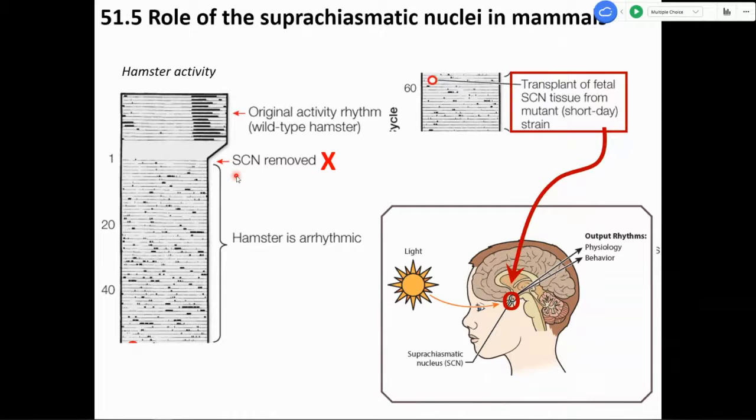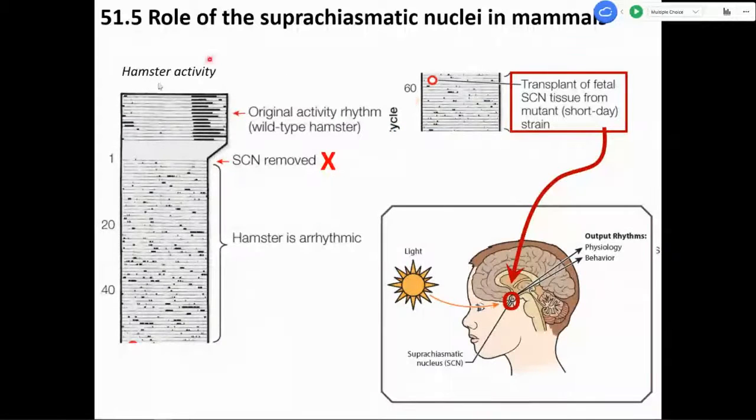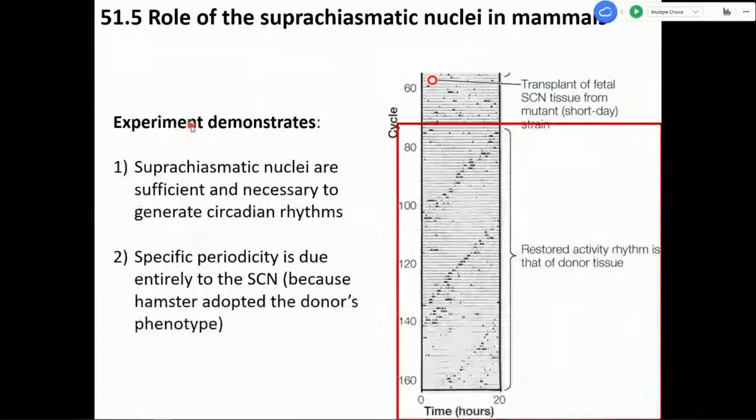But this was the cool thing about the experiment: they had also bred some different strains of these hamsters that had a different periodicity. Some of them had a short period and some had a long period. They took one of these mutant strains and found that they could restore the rhythmic behavior, but the behavior it adopted was not exactly like the original hamster.